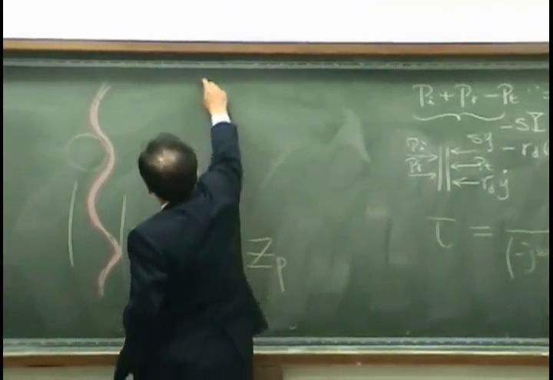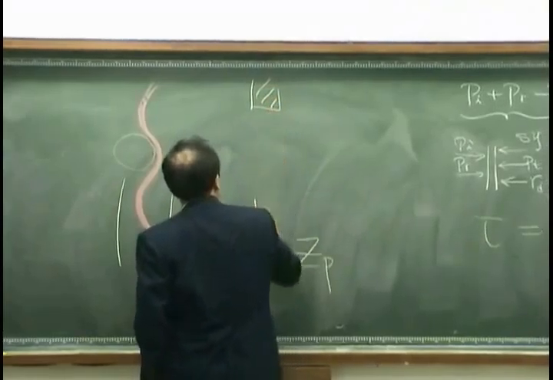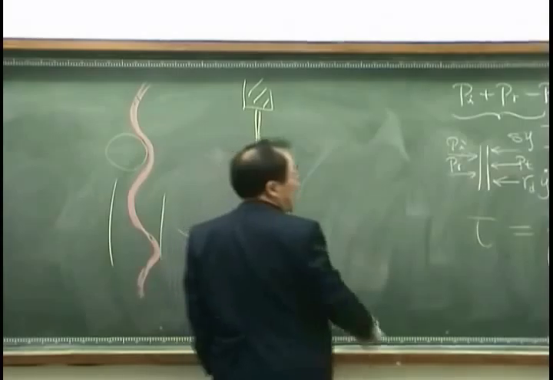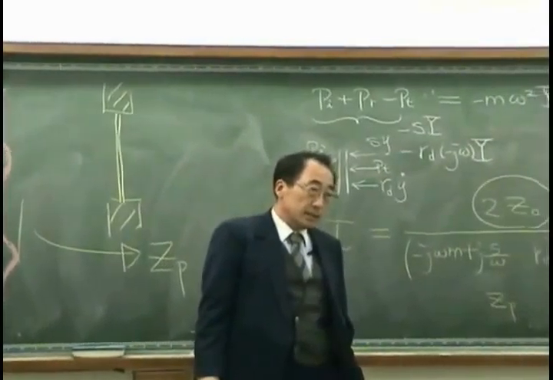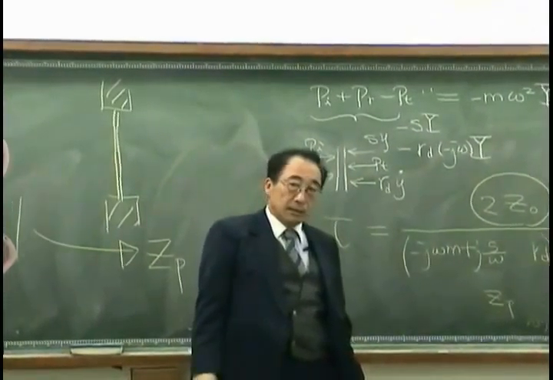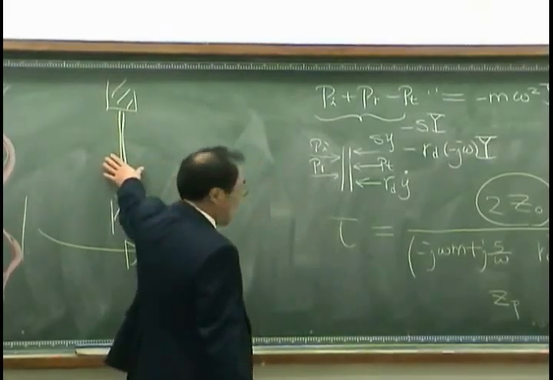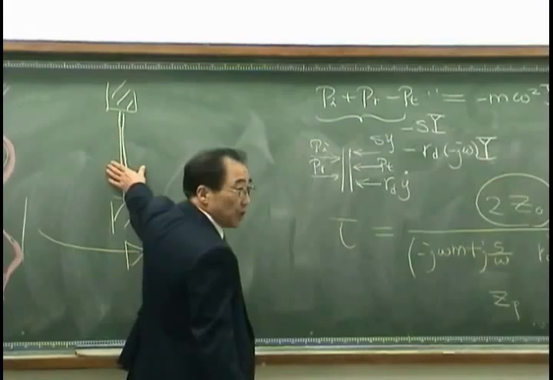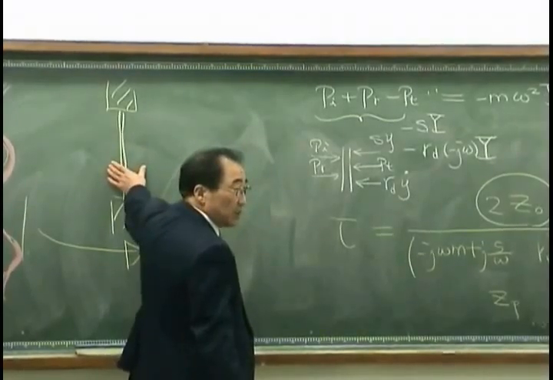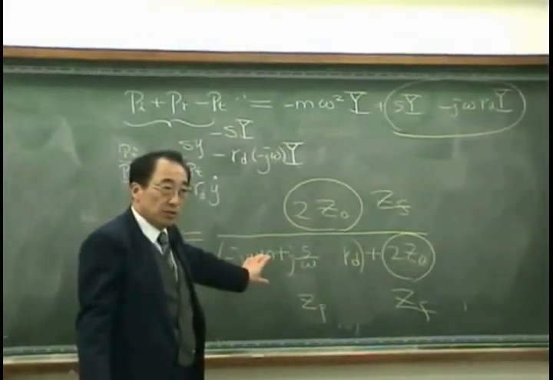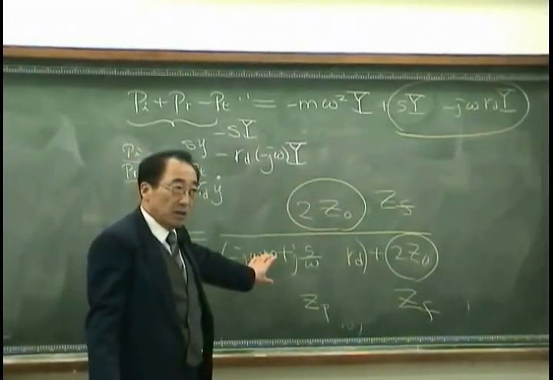What if I have a wall like this? Okay? Then, if we know the fluid loading impedance of this kind of wall, then we can also use the formula that we just got.